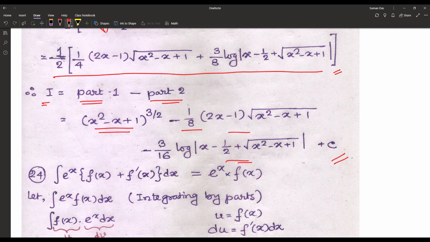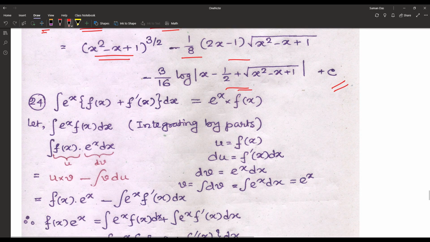Now the final standard integral form, that means the integration of e to the power x into, in bracket, f of x plus f dash x, that means the differentiation of f of x, and particularly we have the result as e to the power x f of x. Nothing special, we are using integration by parts here on e to the power x f of x dx.